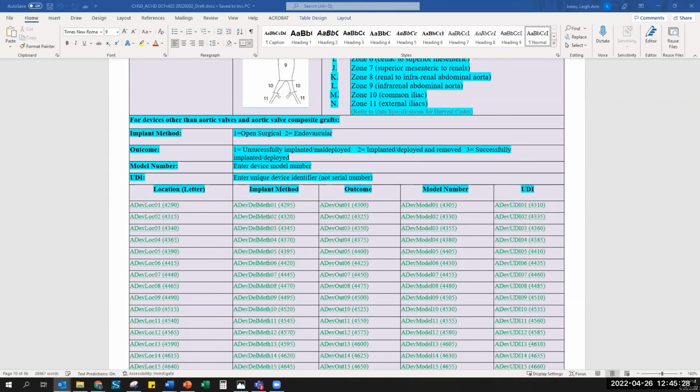If you're doing arch branch reimplantation, or an arch branch stent, those stents or grafts going into the arch vessels are off the aorta, not in the aorta, so they don't go in the device section down here. This is just stuff that's implanted in the aorta.